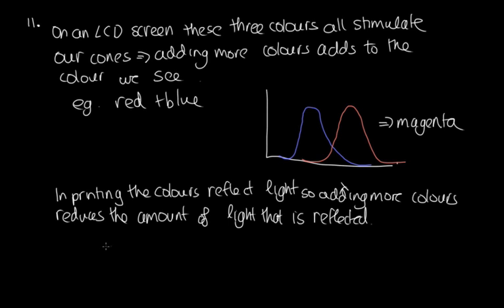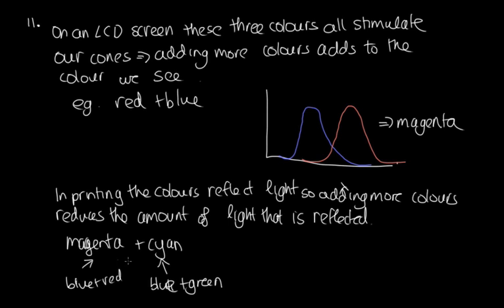So for example, if we have magenta ink, which reflects the blue and the red wavelengths, and then we add cyan. Cyan reflects blue and green. Then when we add these two together, they only reflect the colour that they have in common. So in this case, these two only reflect blue. And so this is how we get the blue colour in printing.